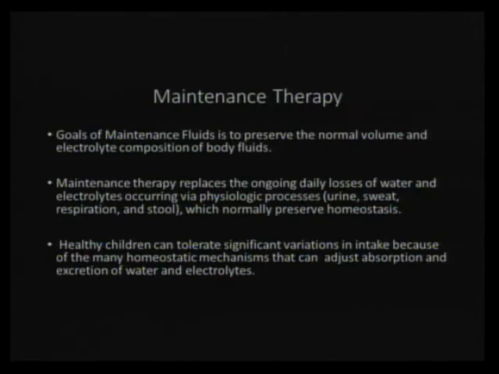These guidelines assume that there are no disease processes present that would require an adjustment in either the rate or electrolyte composition of fluids. What are some conditions? Congestive heart failure, nephrotic syndrome, liver diseases, and neonates as well. Neonates have a unique physiology, and that physiology is outside the scope of this discussion.